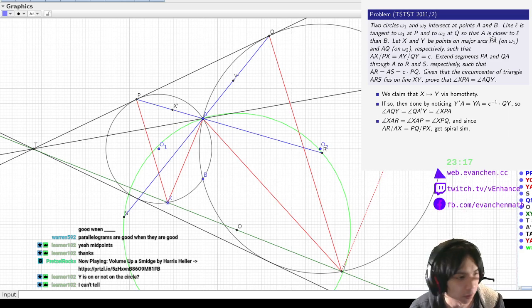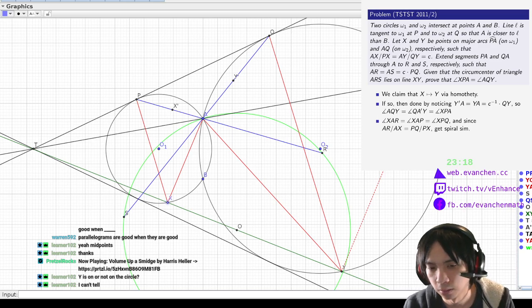Is Y on the light green circle or not? It's not on the light green circle for sure, because if it was, then X should be by symmetry, which is not the case.